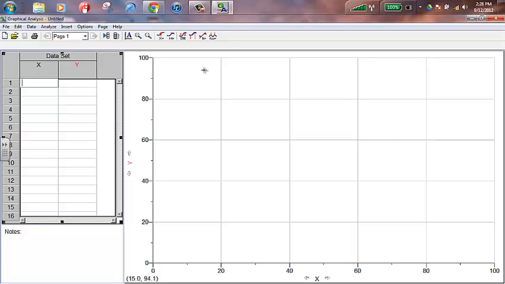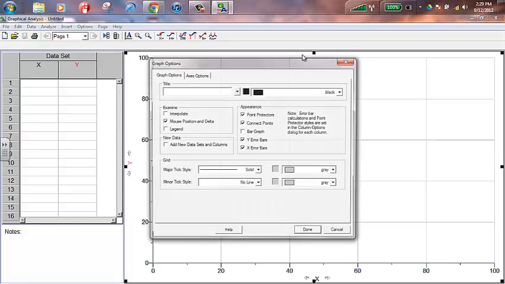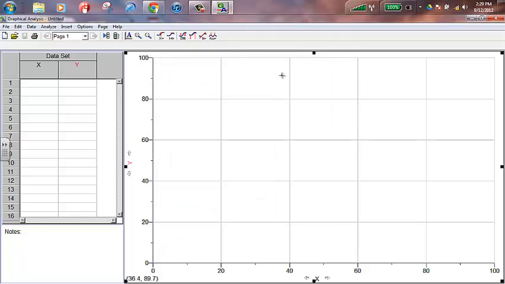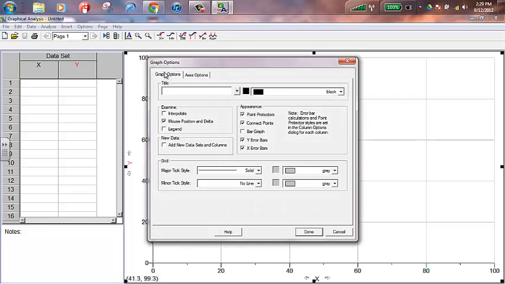Now, what we're going to do here is generate a graph of comparison of data between milliliters and cubic centimeters, so I want to make a title that describes what this graph is going to be. In order to do that, you can just double-click on the graph, and you'll get this graph options window.